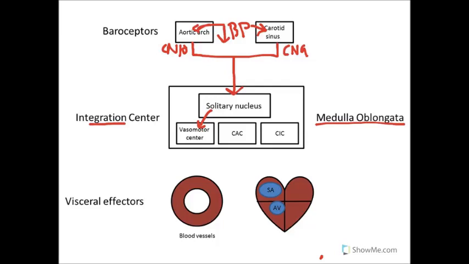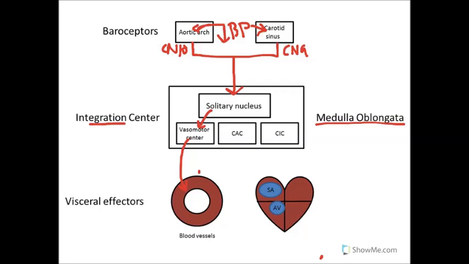Now, vasomotor center controls blood vessels. And as it goes to a blood vessel, the blood vessel here has a normal resting diameter. Blood pressure is low. And if we remember that pressure is flow times resistance, the resistance here needs to be increased.